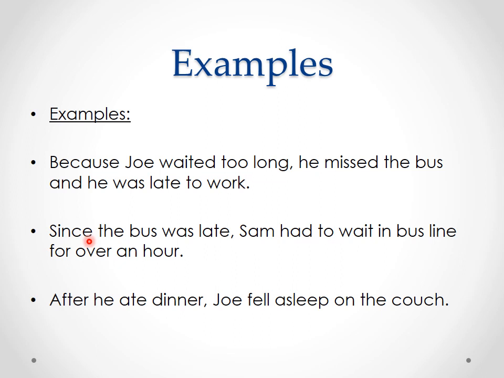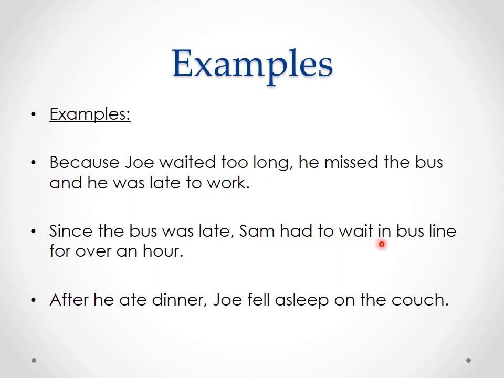Now which one is the dependent clause here? "Since the bus was late" is the dependent clause, since it alone does not have any sense. The independent clause is "Sam had to wait in the bus line for over an hour," since this alone has some meaning.